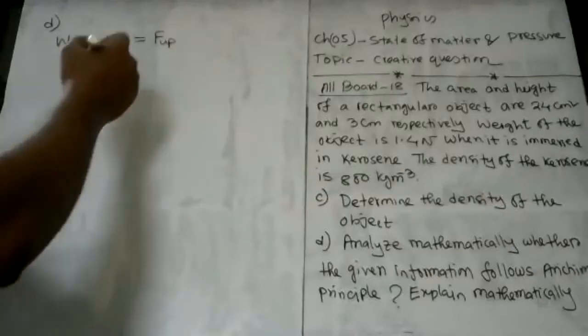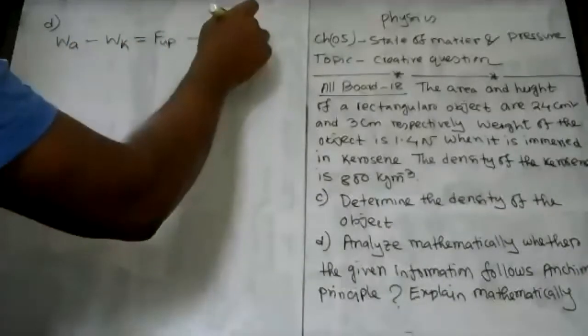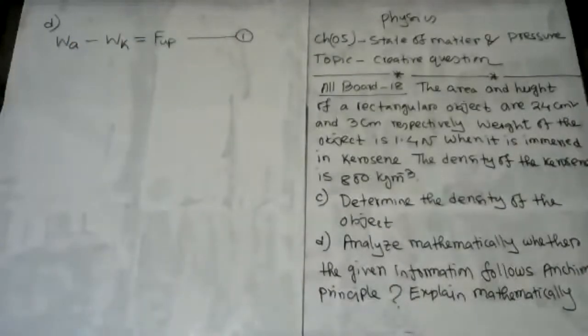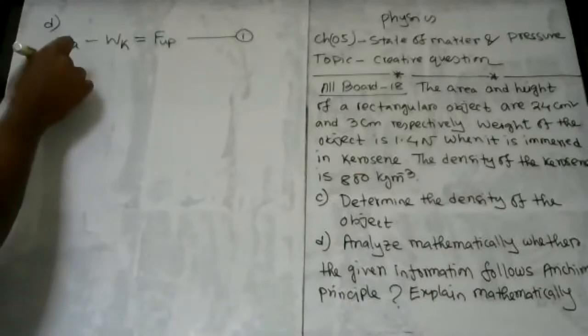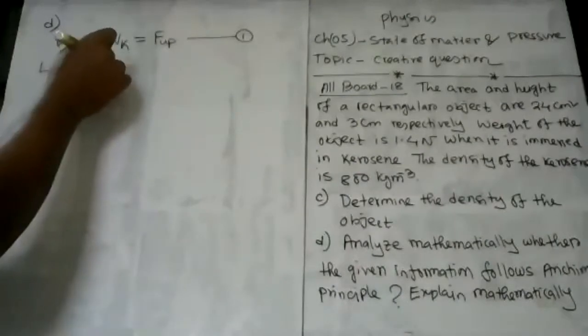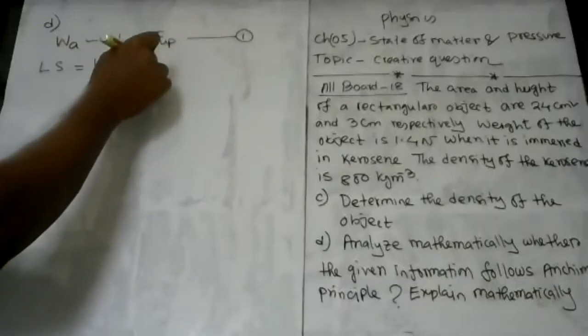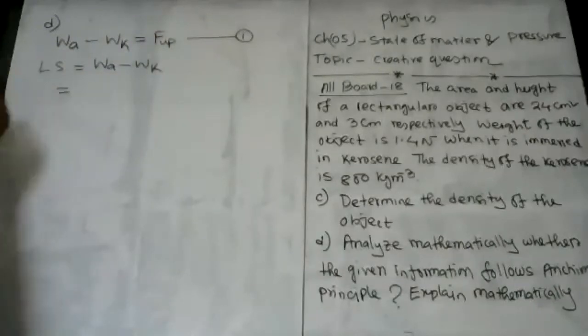I'm going to justify whether this equation number 1 can support Archimedes' law or not. I'm going to put down the values on the left side. So from the left side, we can say weight in air minus weight in kerosene.